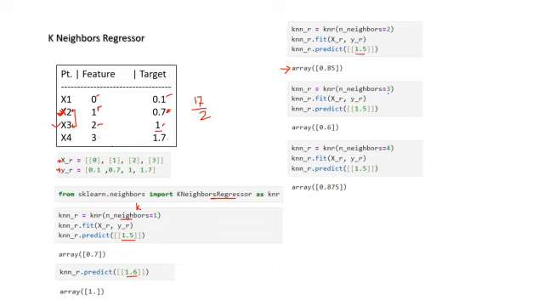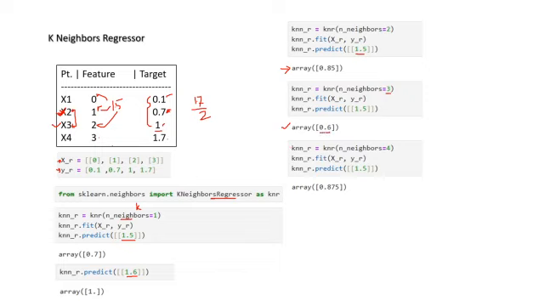When we consider 3 neighbors, the point 1.5 will be nearest to 0, 1 and 2. These 3 values will be considered and the average taken, that is 0.1 plus 0.7 plus 1, which is 1.8 divided by 3, which is 0.6.